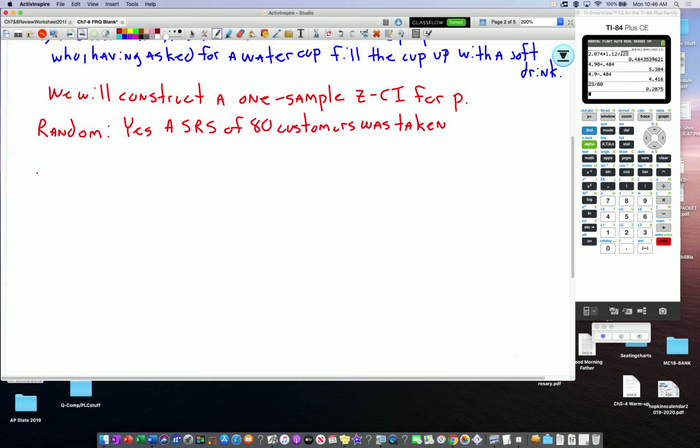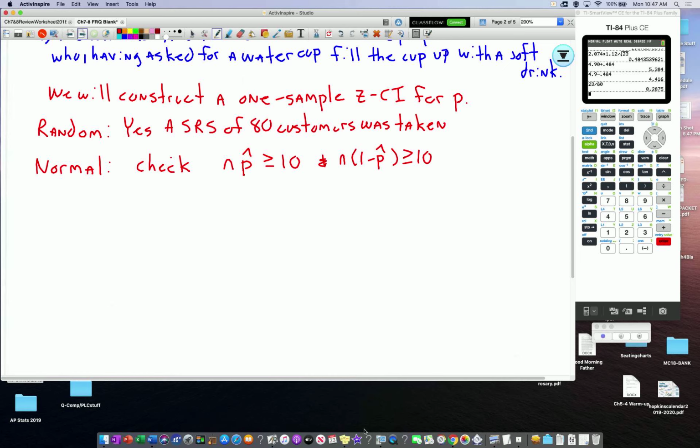Now for normal, I like this one better. We need to check: is n times p hat greater than or equal to 10, and n times 1 minus p hat greater than or equal to 10?